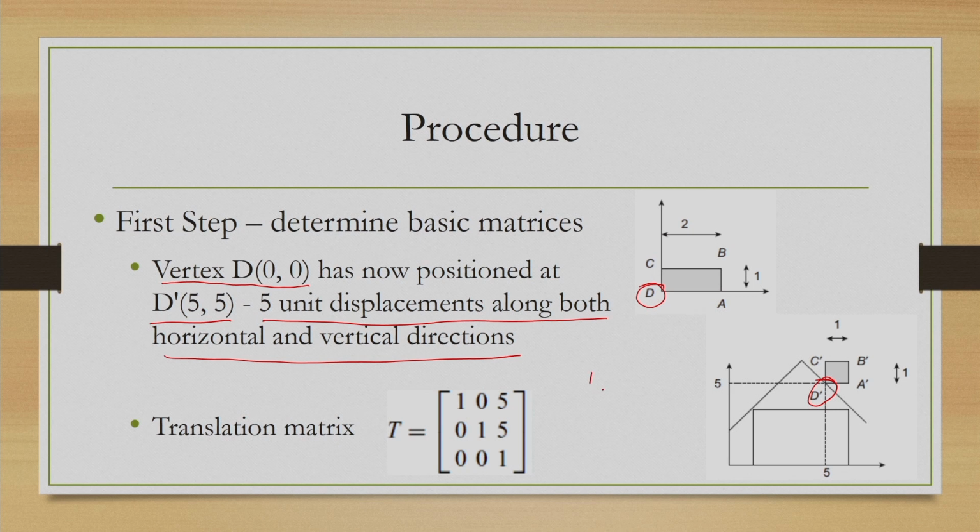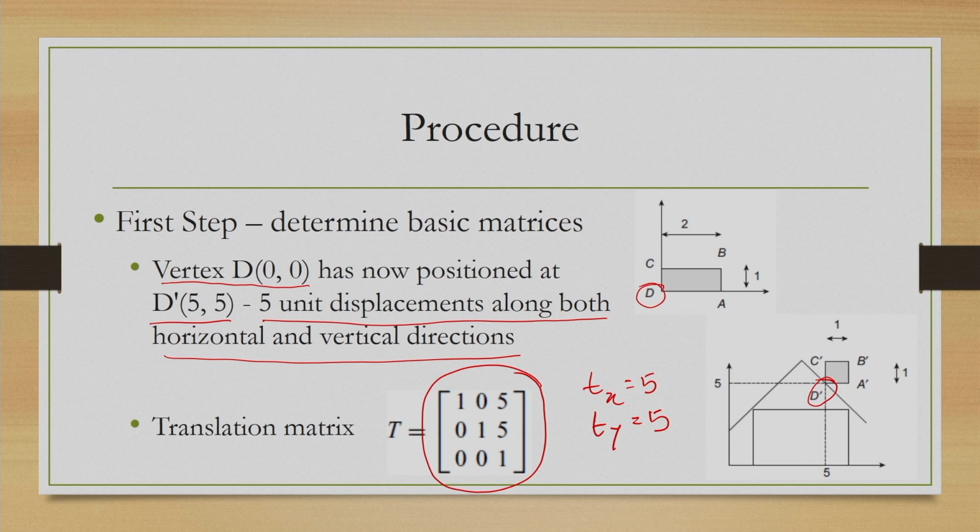So, Tx equal to 5 and Ty equal to 5. If we use these values in the transformation matrix for translation, then we will get this matrix in this current case. So, earlier we obtained the scaling matrix, now we obtained the translation matrix.